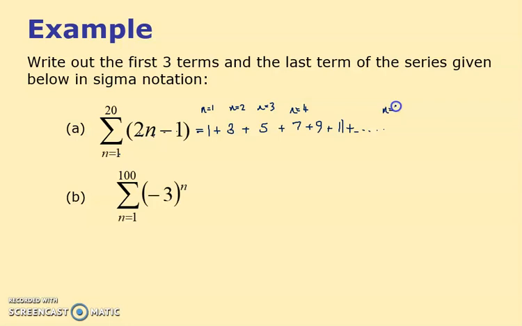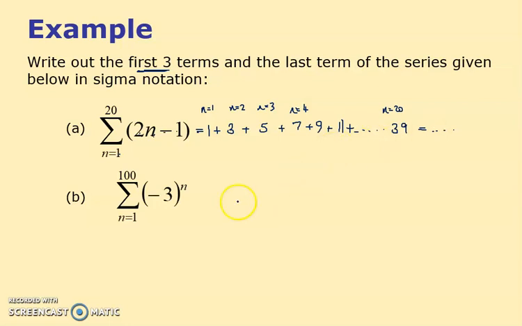So when n is 20, it's equal to 39. So what did it want me to do anyway? Find the first three terms and the last term. I have actually done all of that and more. But what it adds up to, I haven't worked that out yet. I need to get to some point where I can work that out.